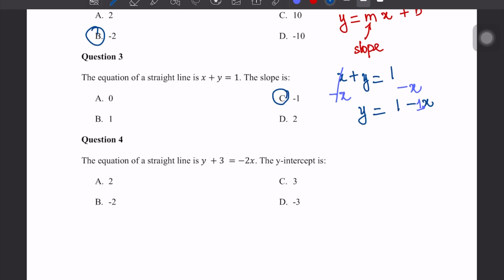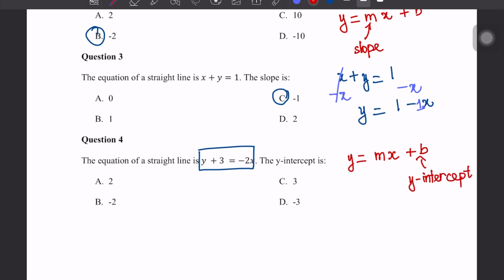Question 4. The equation of a straight line is y plus 3 equals negative 2x. The y-intercept is what? Let me remind you the formula of slope-intercept form is y equals mx plus b. b here would be the y-intercept.